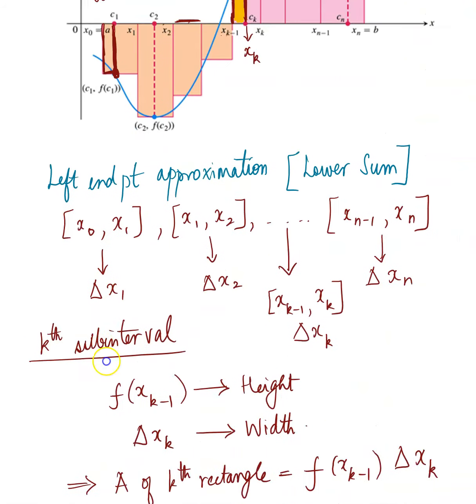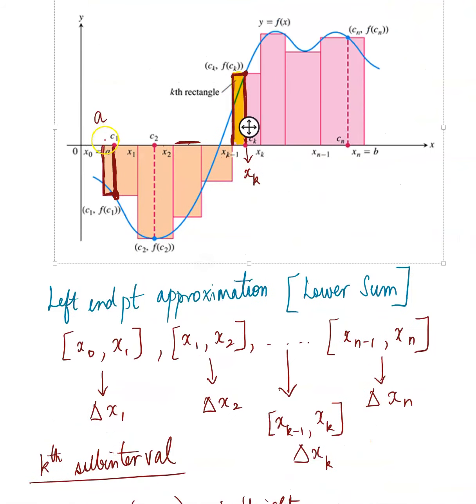Okay, so we start at a, and I have to add this region. I need to go from a all the way up to the right end point. Notice how the yellow shaded rectangle is included. Previously, we stopped just before the yellow shaded rectangle began.